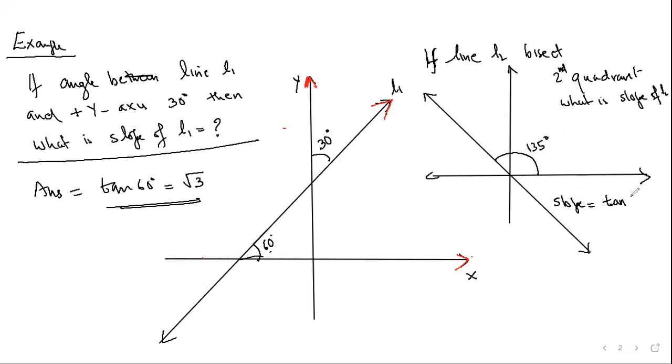You have to take tan also; the angle alone is not sufficient. Tan of 90 plus 45 is minus cot 45, which is minus tan 45. That is -1.